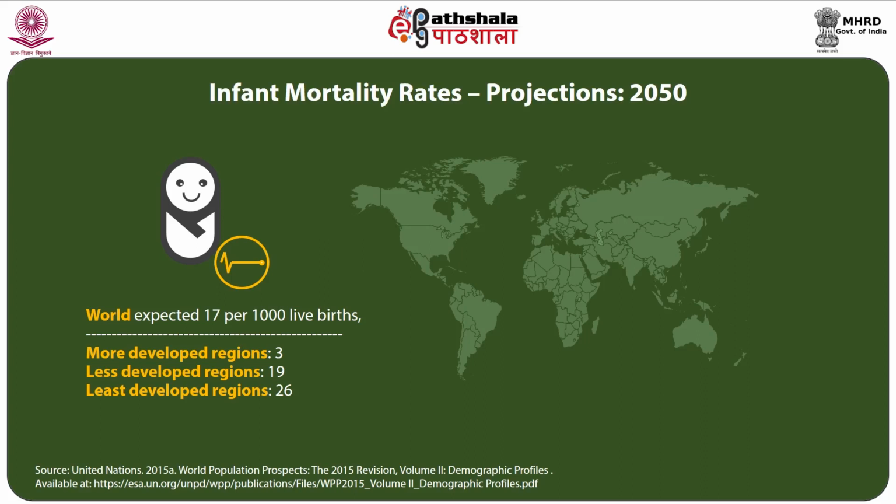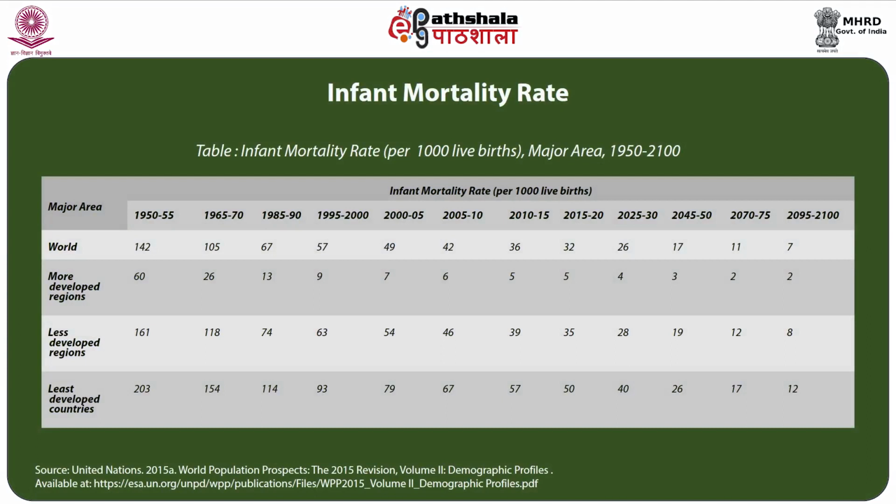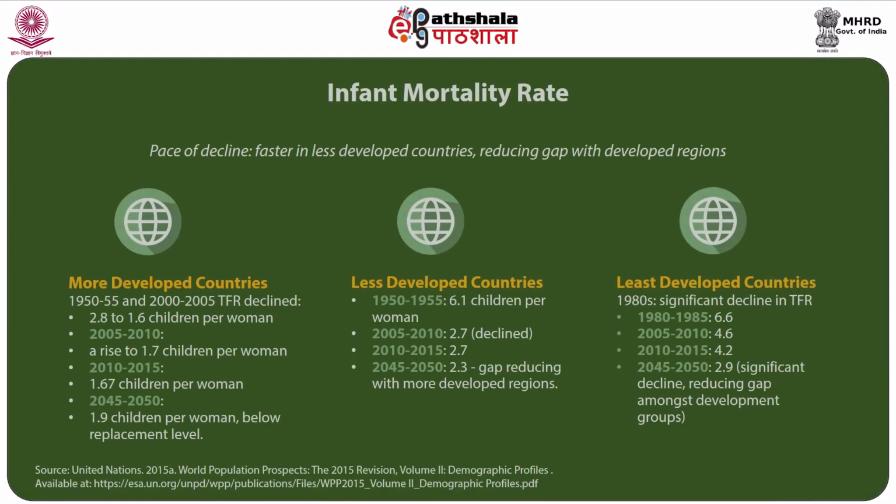In less developed regions, it is going to be 19, and in the least developed regions, as high as 26, which clearly indicates that major emphasis is required in the less developed and least developed regions for bringing down infant mortality rate. Then only we can say that our overall mortality has come down across the different regions. Similarly, if you look at the reductions in infant mortality rate across different regions and the world as a whole, there is no doubt a steady decline over a period of time.